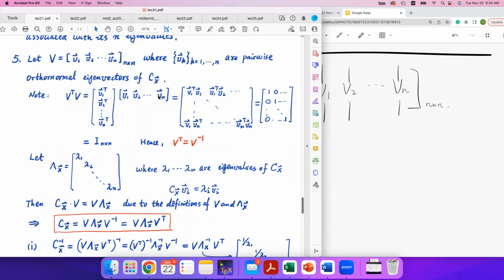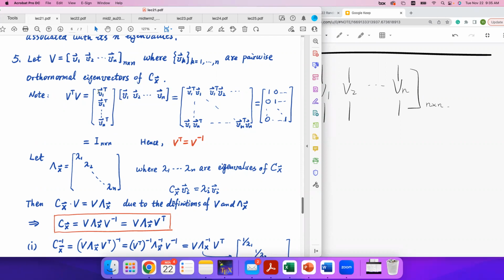So this is all these eigenvectors, right? This is the definition of V. Following this notation, V transpose is basically the transpose of this vector. Now this looks like a row vector, so when you do the transpose, it will become a column vector. But then each coordinate inside should also take a transpose.